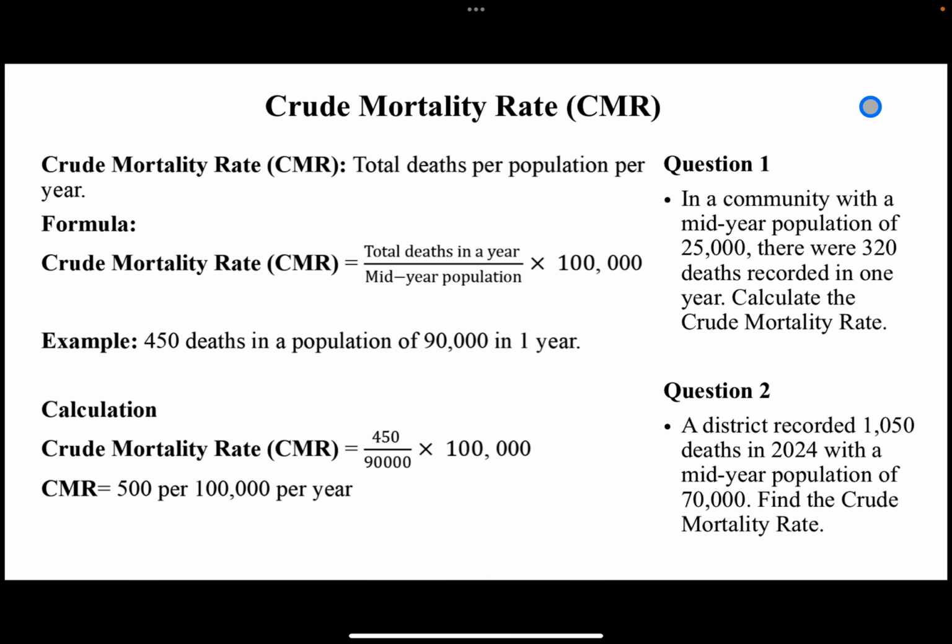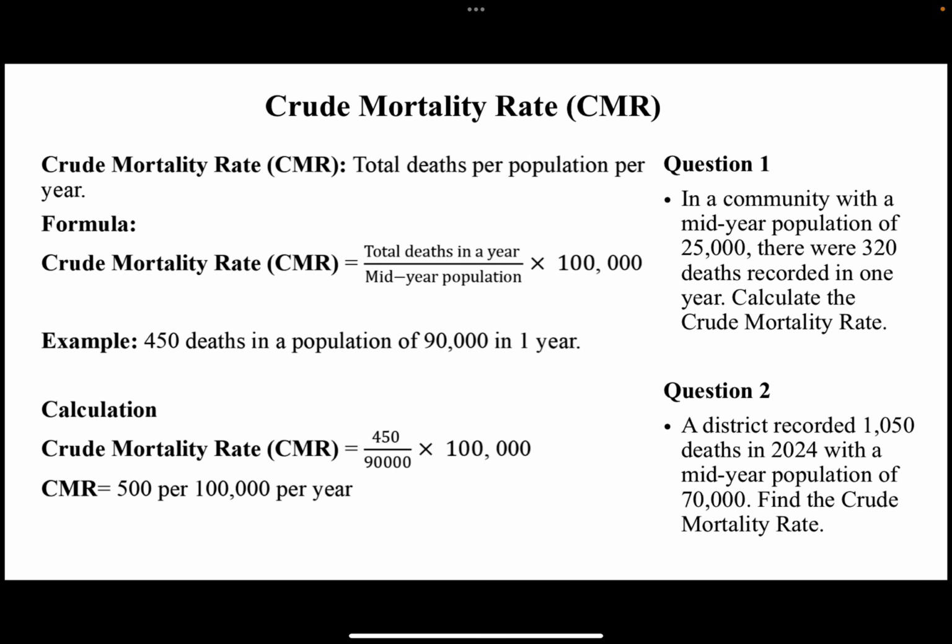Calculate the crude mortality rate. In calculating the crude mortality rate, the total deaths: how many deaths were recorded? 320 deaths recorded in a year. So 320 divided by, what's the mid-year population stated in the question? 25,000. Then you multiply by 100,000.